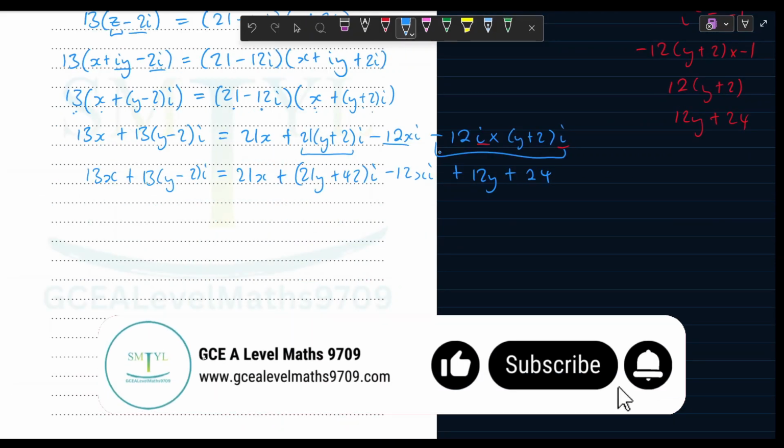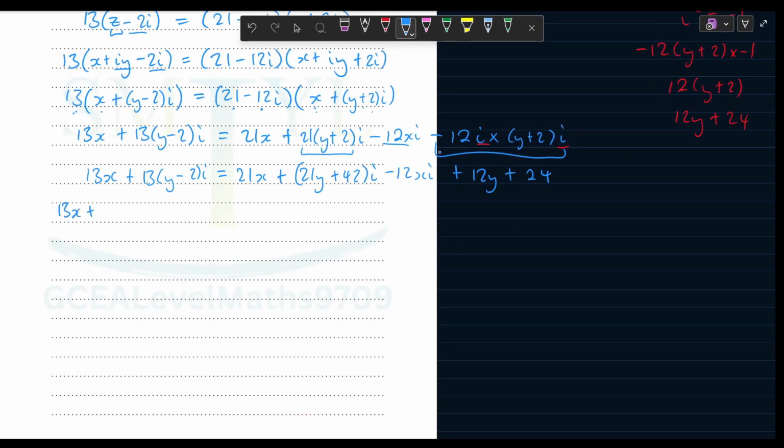So on the left, we've got 13x plus 13 times (y minus 2) times i is equal to. Then here, I want to put the real parts together. So we've got 21x, that's real. We've got 12y, that's also real. 24, that's also real.